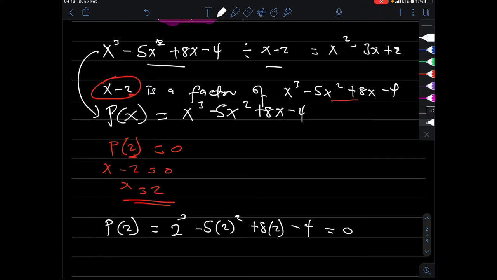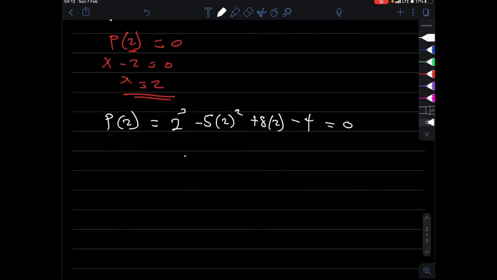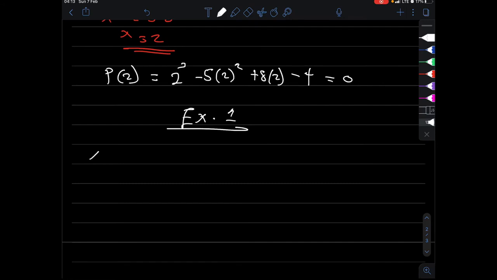So example number 1, we have x minus 4. Let me write the full instruction.